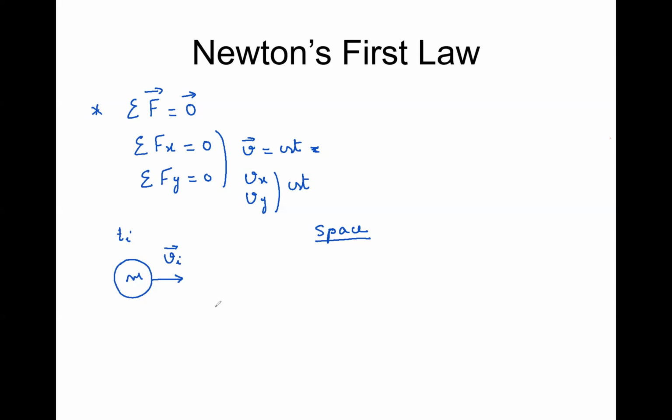Because we don't have any external F applied on the object, summation of F applied on the object equal to 0, the object will continue with the same velocity to infinity. At t equal infinity, the object will have the same velocity vi. Okay, it's constant between the initial and final.